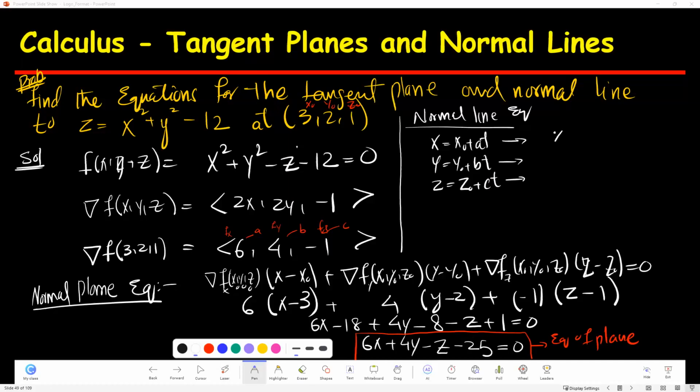And it is going to be x equal to x naught, which is 3, plus at, so 6t, y equals 2 plus bt, which is 4t, and z equals z naught, which is 1, minus ct, and c is minus 1, so it's going to be minus 1 and then just a t. And that is my equation.